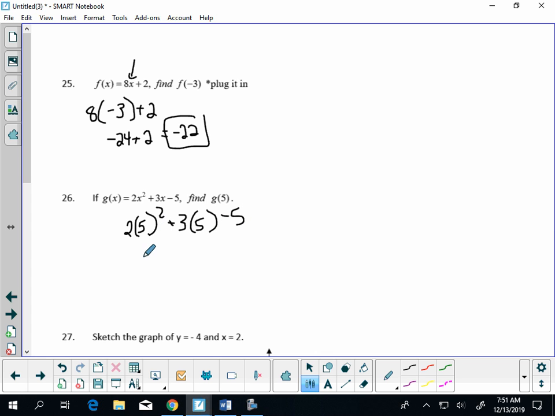Square it first, 25. Multiply by 2 and you get 50 plus 15 minus 5. That's going to give me 65 minus 5, which is 60.